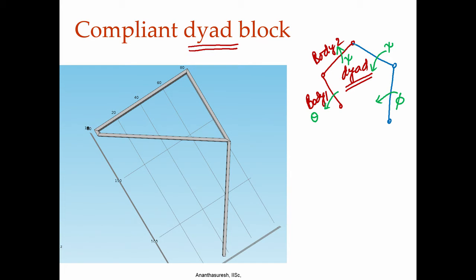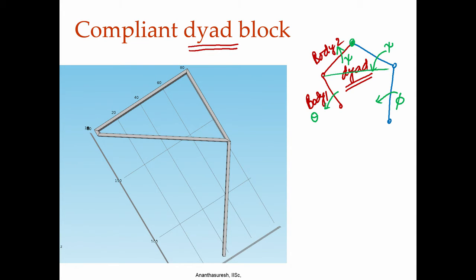So, when we do that, similar to the precision point synthesis we had discussed in the first design technique we discussed in this course, you will get lots of dyad solutions. One will be theta and psi, other will be phi and psi. To both of them psi is common, and if you join them at this point, then that becomes more like a rigid body, because it undergoes the same angular rotation and one point is common to it.